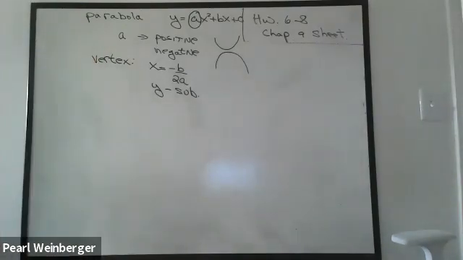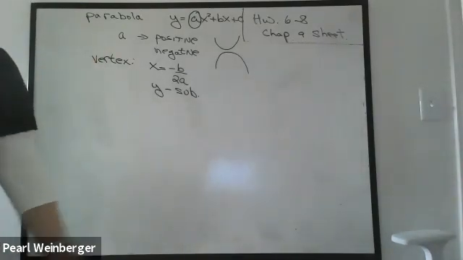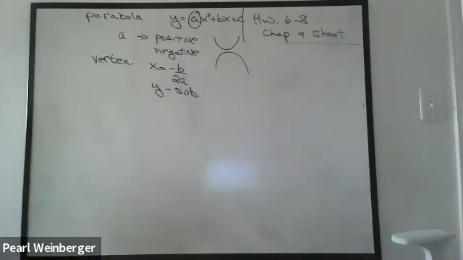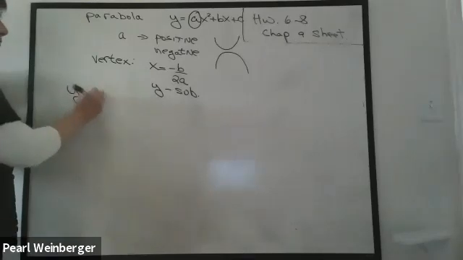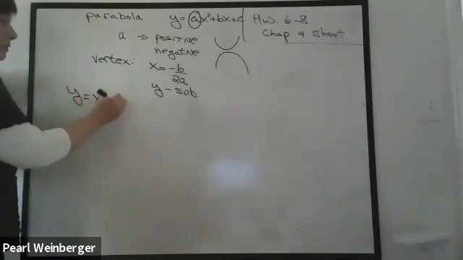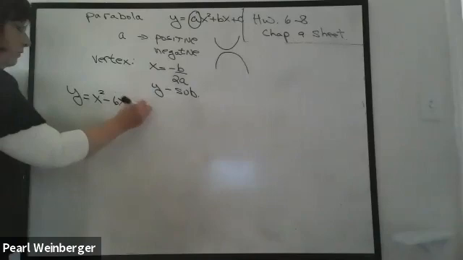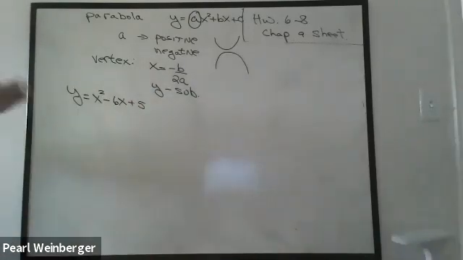Let's demonstrate this whole thing by doing an example. Suppose I gave you the equation y equals x squared minus 6x plus 5, and I say I want to draw a sketch of this.